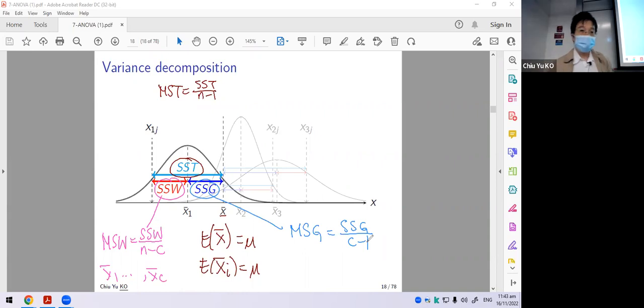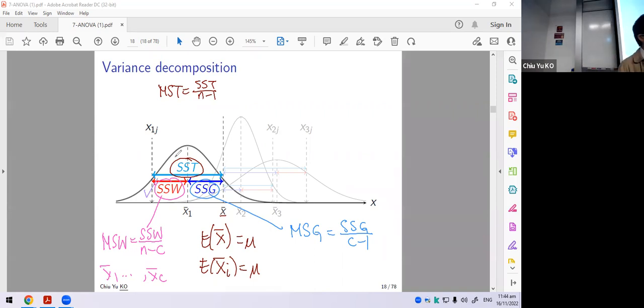And even under the alternative, even if the groups have different means, this is still a good measure of sigma, because even though they have different locations, you subtract the group mean. But the point is, MSG will not be correct.